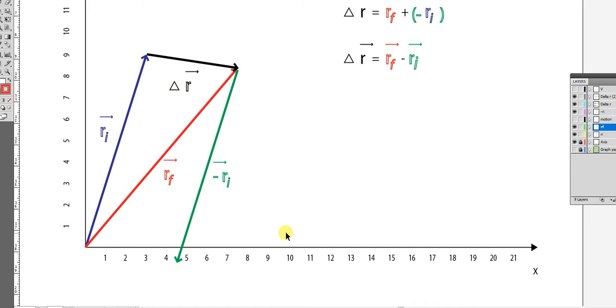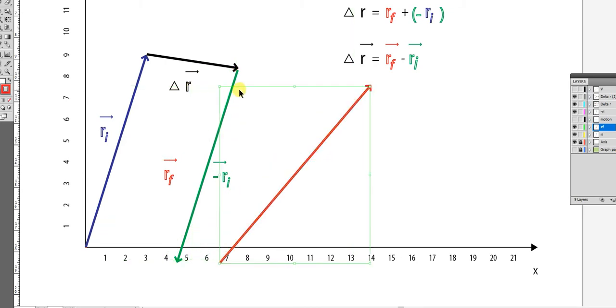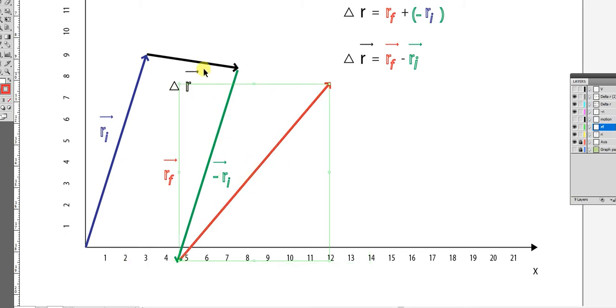Okay, doctor, then the result should be right. And if you pay attention, if you want to start with minus R initial plus RF, this is minus R initial, and this is RF, and you end up with delta R, the same vector.